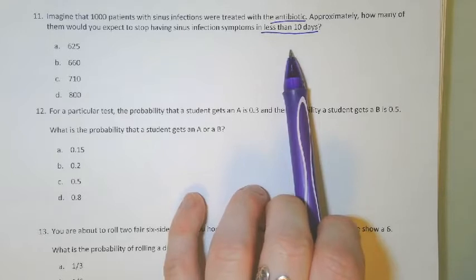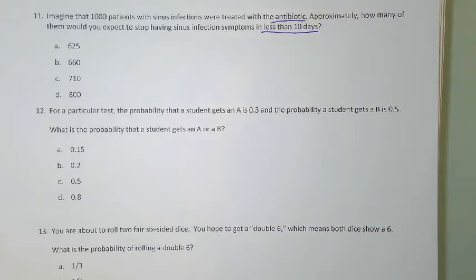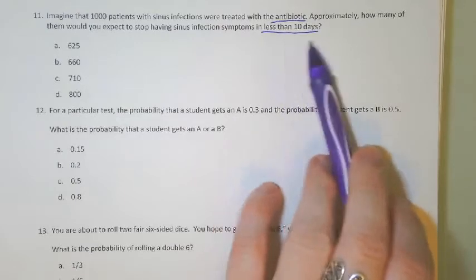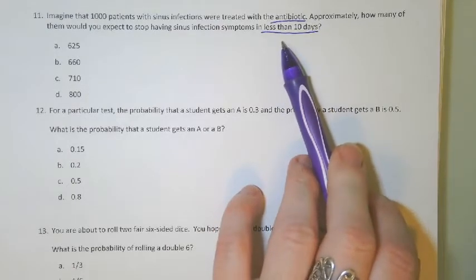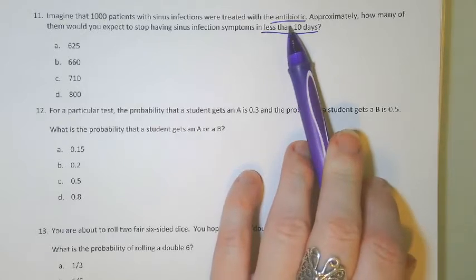So even though they're not asking for a probability as our final answer, that's actually going to be the first step in the process, figuring out what's the probability that someone had symptoms for less than 10 days, given that they were treated with the antibiotic.